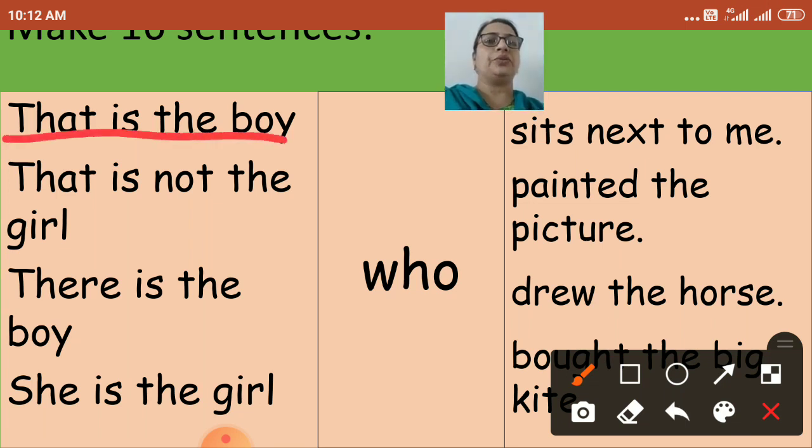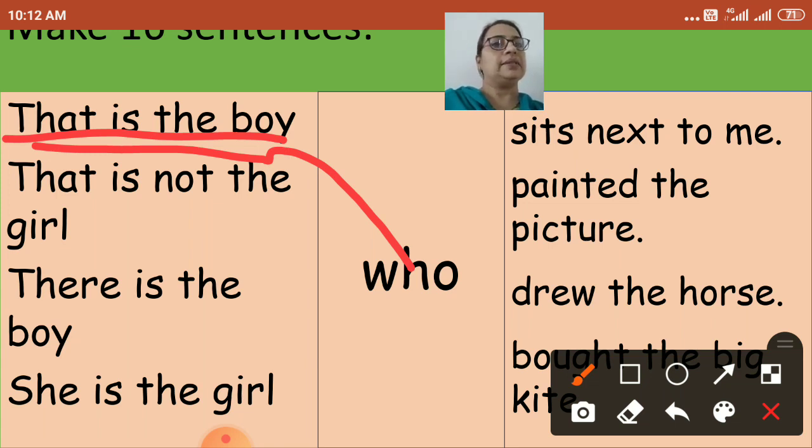Now what we are going to do, we are going to join this group of words with this word who, and we are going to pick any group of words from this column and make the sentence. Clear? So let's start. Remember, we have to make 16 sentences, so we can make 4 sentences with this, then 4 and 4, 8, 12 and 16. This way we will make.